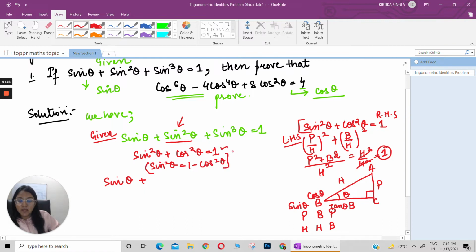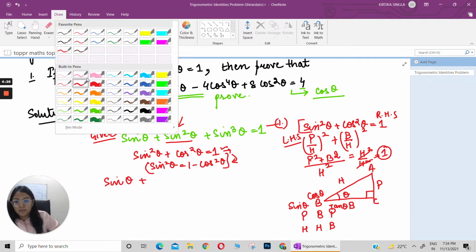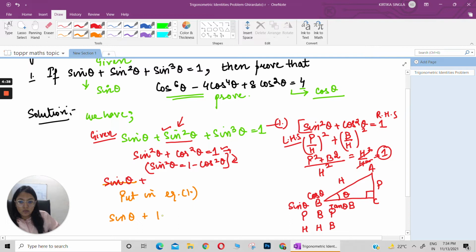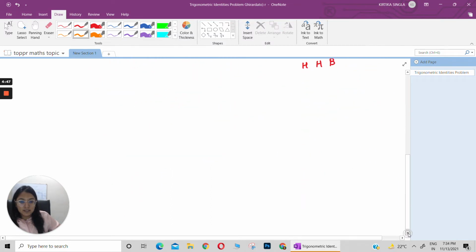Let's call this equation number 1, and put it in the given equation. So sine theta plus 1 minus cos square theta plus sine cube theta is equal to 1.